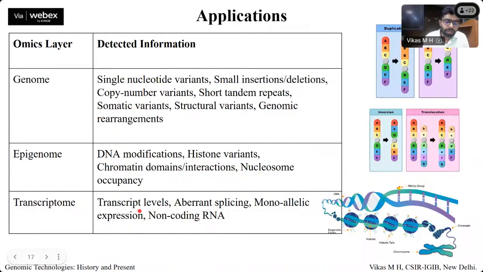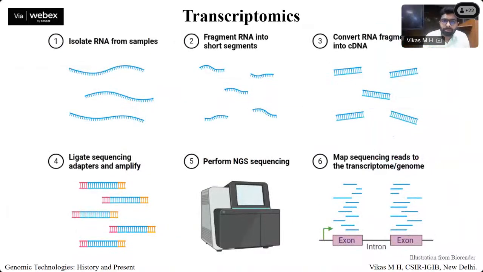So in order to check that, you need to look at the RNA level. But RNA is a very unstable molecule, which has a very short half life, and it can degrade with even a very small contamination. So how is the sequencing of these RNA molecules done? The study of this methodology is called transcriptomics, where you are able to sequence the RNA.